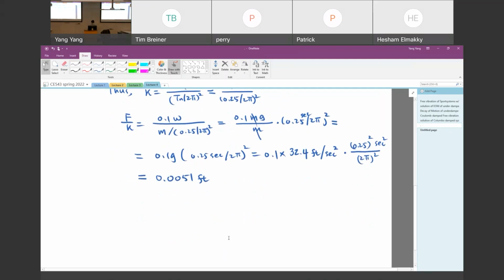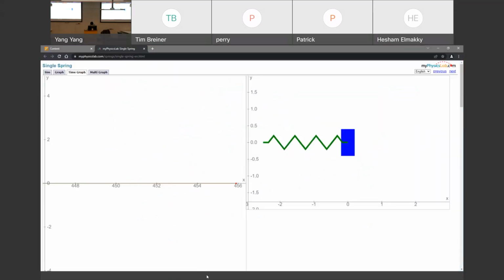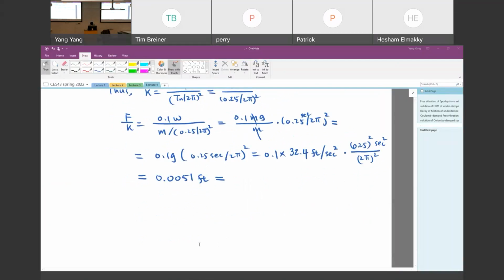And we better change that to inches because the initial displacement is in inches. So we multiply that by 12, and we get 0.061. So that means that the difference between the first cycle and the second cycle is this.